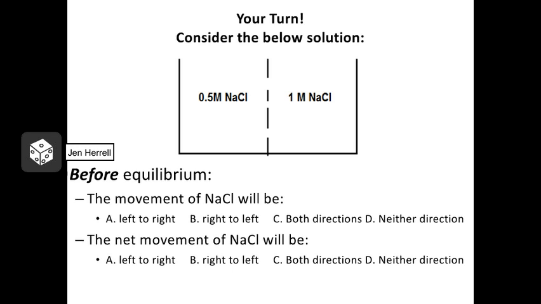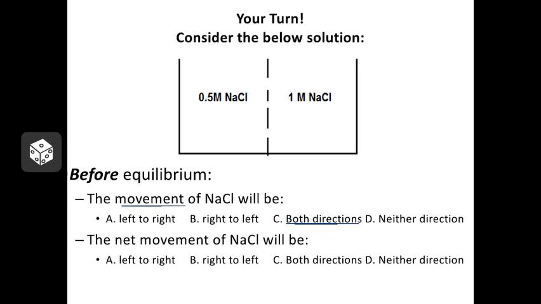So what answers did you come up with? Let's discuss it. First, I'm asking about the movement of salt when these two solutions are first exposed to one another. Remember that anytime I ask about just plain old movement, I'm talking about Brownian motion. So the answer here is going to be both directions.